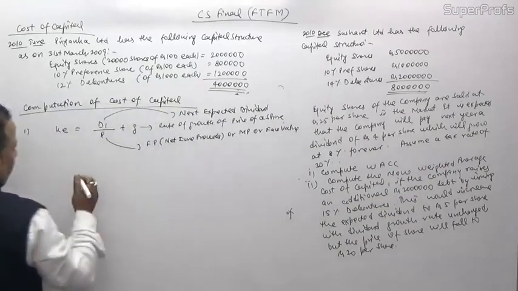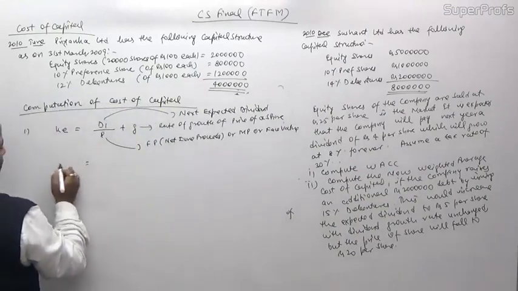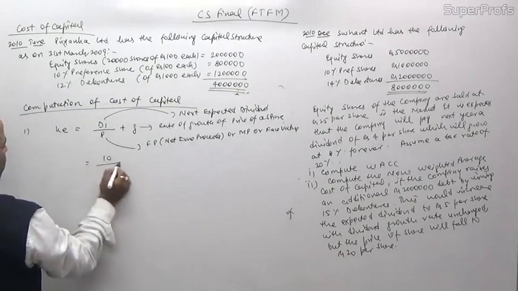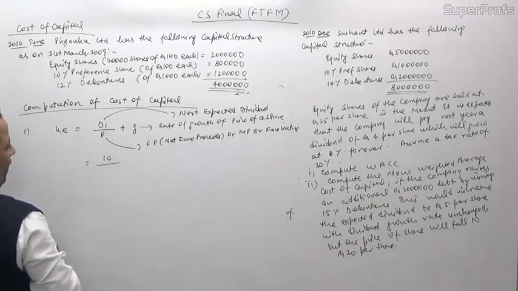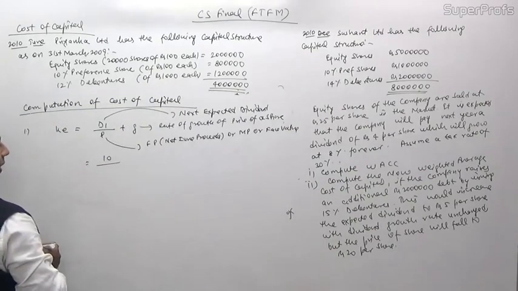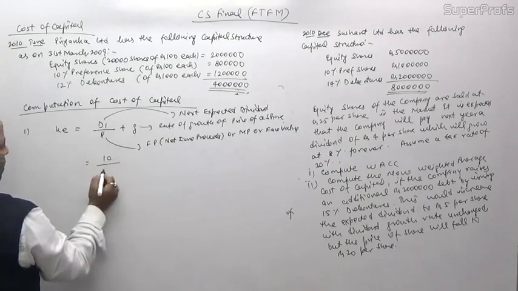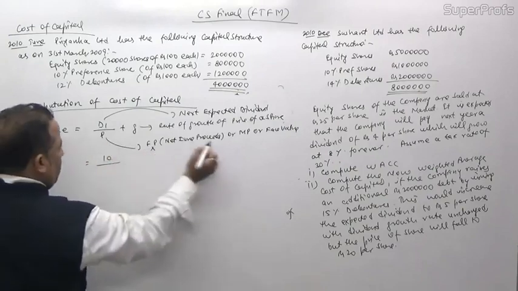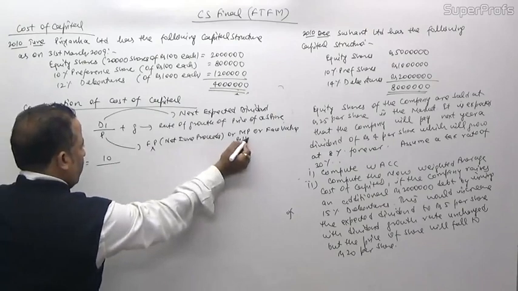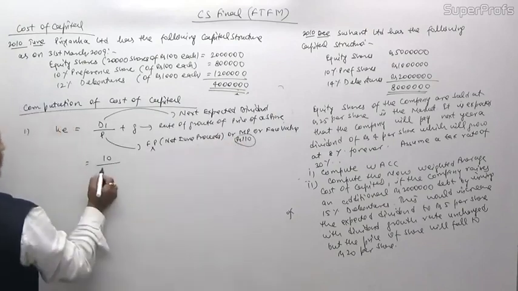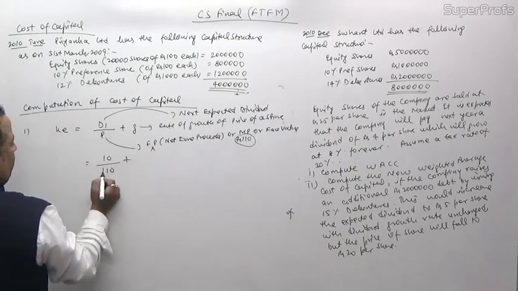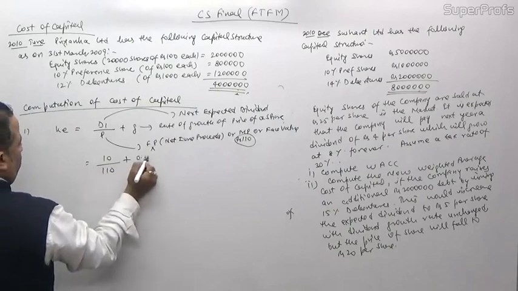In the first step, D1 is provided in the question. The next expected dividend is rupees 10. The flotation price is not given in the question. The market price is provided, rupees 110, and the growth rate is 6%.